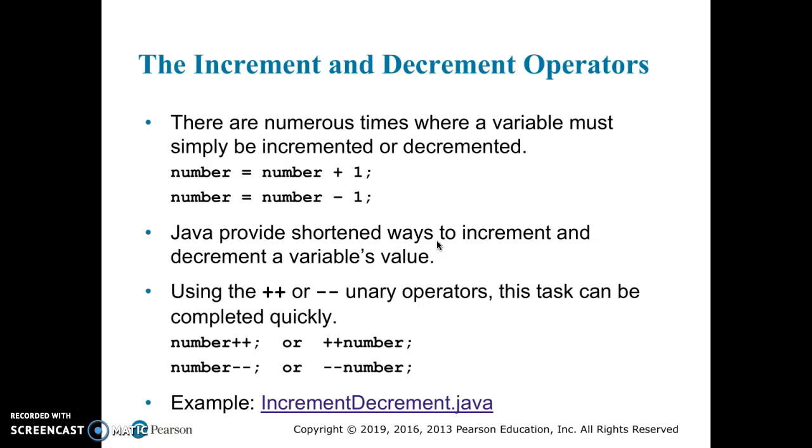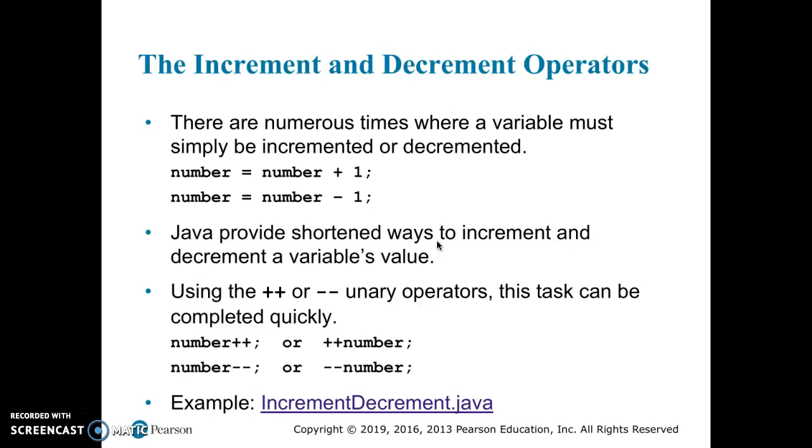A typical way to do that in programming is the top couple lines you see there. You have a variable called number, and you might say number equals number plus 1. So if the number before the statement was 1, after the statement number equals number plus 1 is executed, that number would increment, or go up 1, to 2.